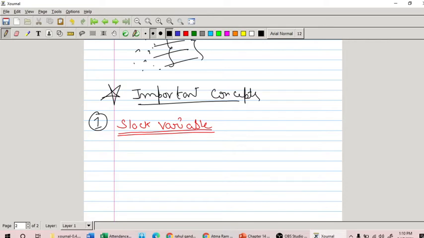How? Let us say there is an equation 3x plus 4y less than or equal to 50. This is an inequality, and we assume that the variable which is left in the LHS to make it equal is s, which is your slack variable. So we add a slack variable and write it as 3x plus 4y plus s is equal to 50.